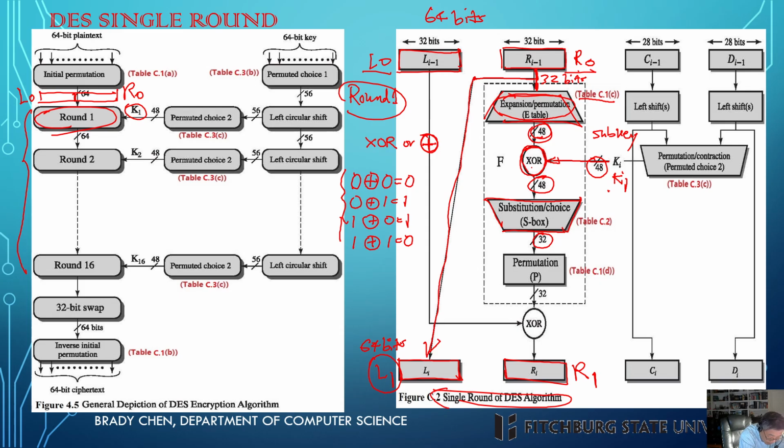Then we're going to pass through an operation called permutation, which is also a table that reshuffles the binary bits.